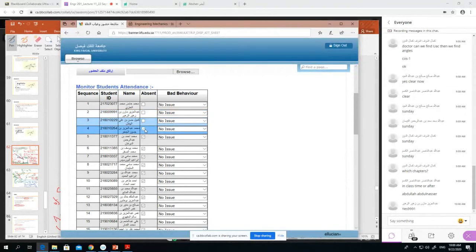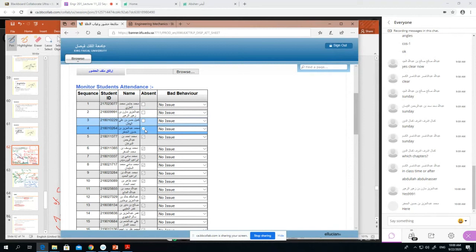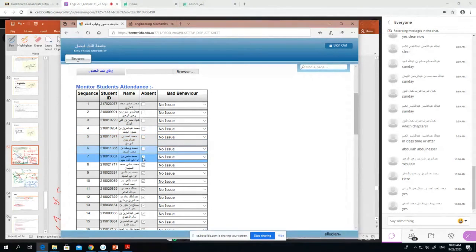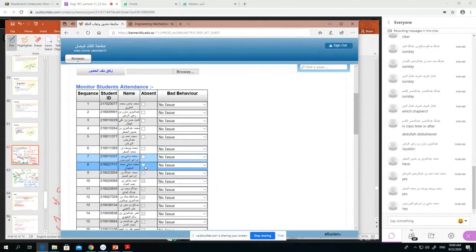Muhammad Abdul Aziz. Muhammad Ahmad bin Abdul Rahman. Muhammad Yusuf. Muhammad Sami. Sami Sulaiman. Muhammad Abdullah bin Ibrahim.